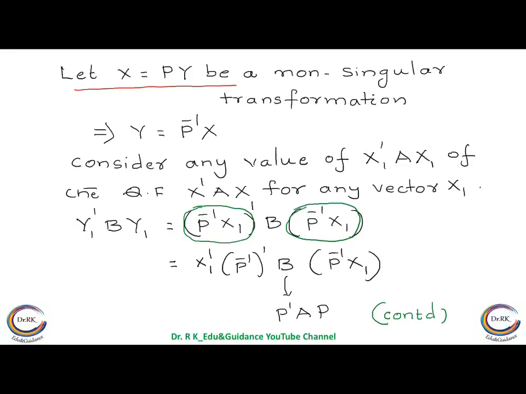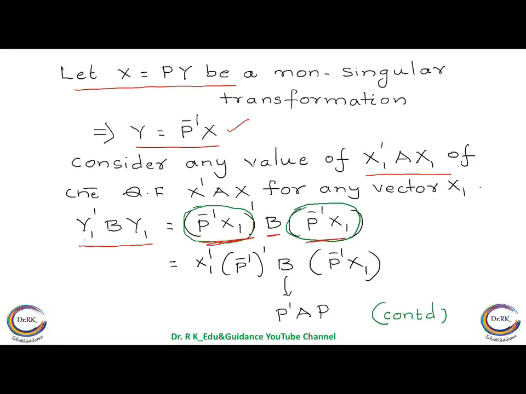Then immediately we understand Y equals P inverse X. So now if we take any value of x1, that is x1 transpose A x1 of the first quadratic form, then we take y1 transpose B y1, where we took y equals P inverse X. So we can write this as (P inverse x1) transpose into (P inverse x1).